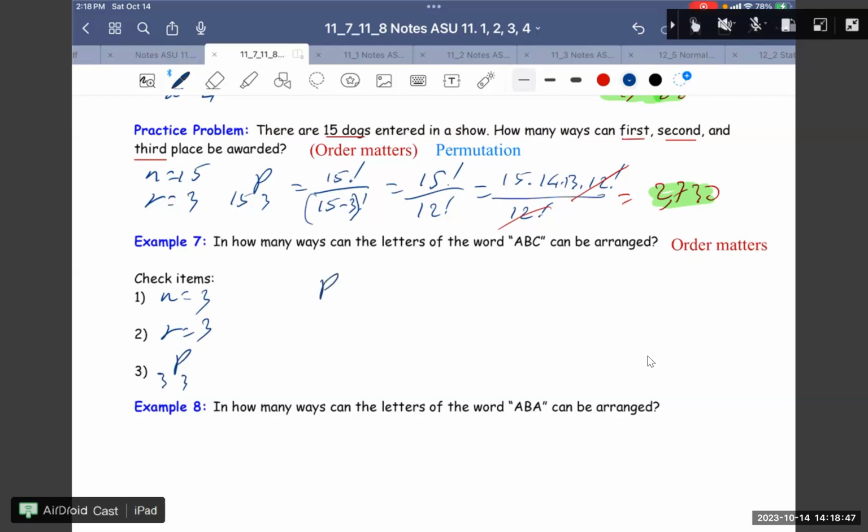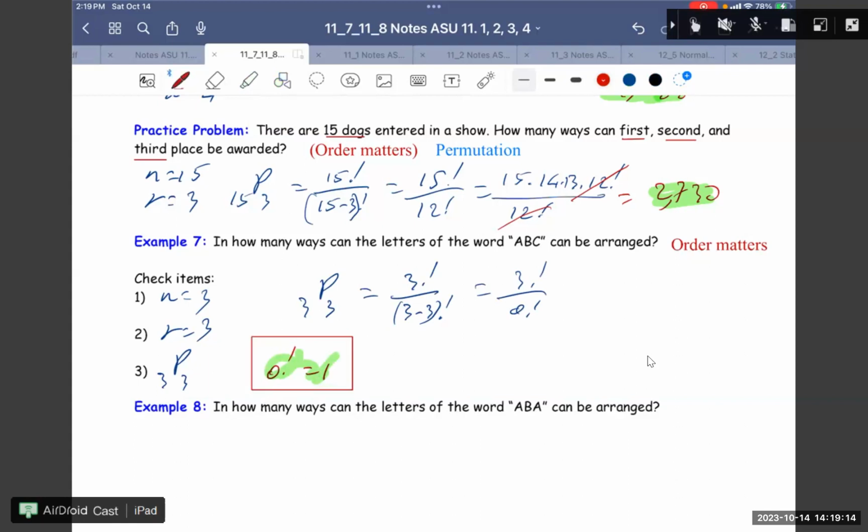So P 3 pick 3 is 3 factorial over 3 minus 3 factorial. So this one is 3 factorial over 0 factorial. Remember this: 0 factorial equals 1. Always, 0 factorial equals 1.